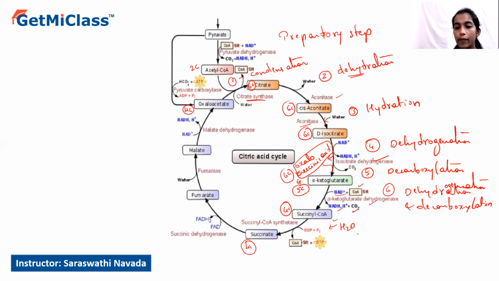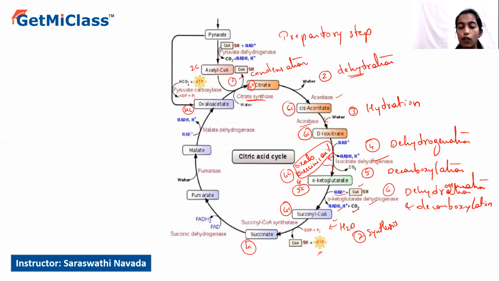And this step is called substrate-level phosphorylation, because here synthesis of an energy rich compound takes place. So what is that, we'll see. Succinyl coenzyme A gives away its coenzyme A group, resulting in the formation of succinate or succinic acid.